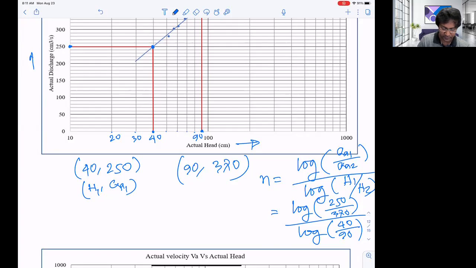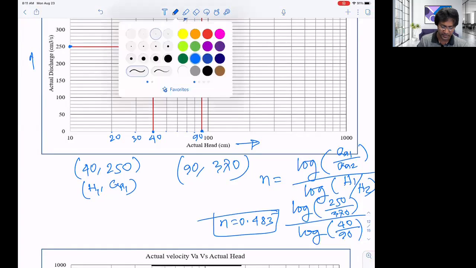Let me calculate that. I'm getting the value of n as 0.483. Theoretically it is 0.5, so we are getting 0.483. It's fantastic, we got it.